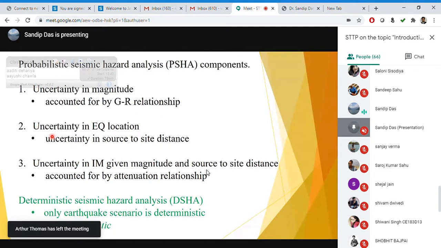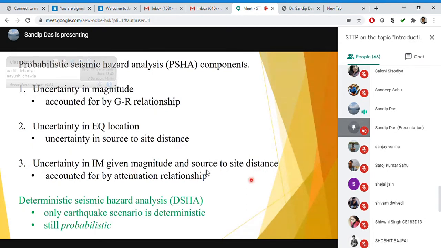Second thing is the uncertainty in earthquake location. That is a new thing that I will discuss in this particular section. But we will also consider the uncertainty in the earthquake locations. And what is the third? Now you have learned it already. It is the uncertainty in intensity measure given magnitude and source to site distance.